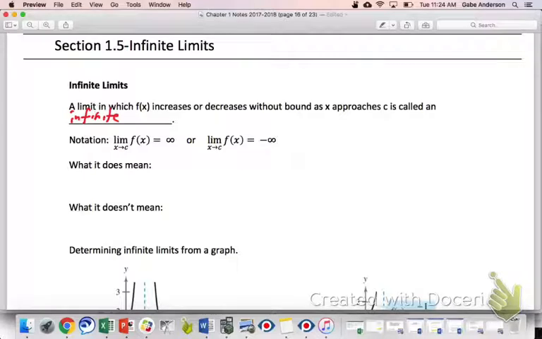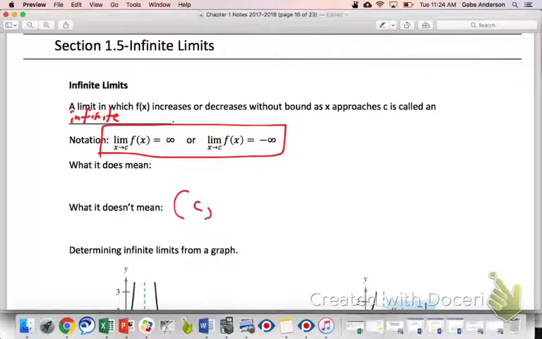So the notation here is the limit as x goes to c of f of x equals either positive or negative infinity. Let's talk about what it does not mean. Maybe you remember this from the summer packet. It does not mean that the point (c, infinity) or (c, negative infinity) is on the graph.